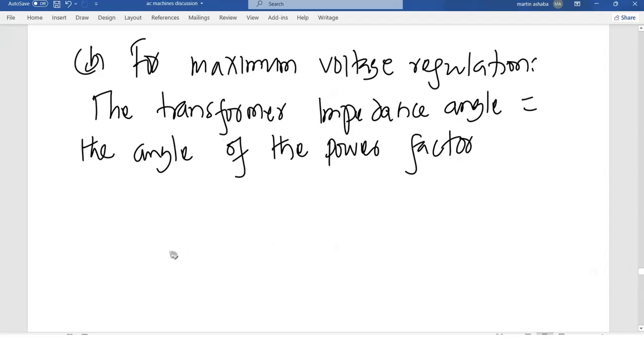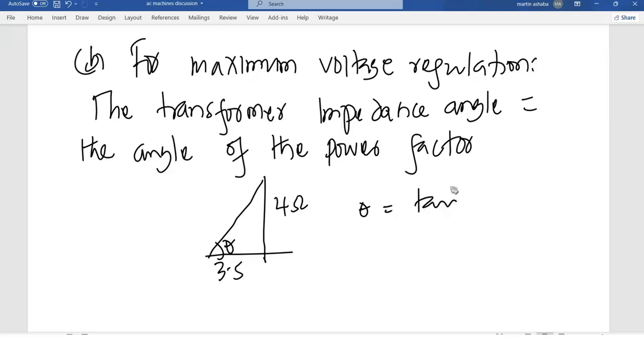What's the impedance angle? If we have the reactance being 4 ohms and the resistance being 3.5, this angle theta is going to be arctan of 4 divided by 3.5. So let's get that angle, arctan of 4 divided by 3.5, and we get theta as 48.81 degrees.